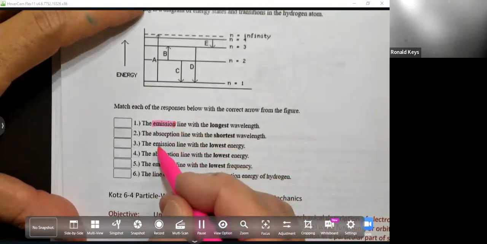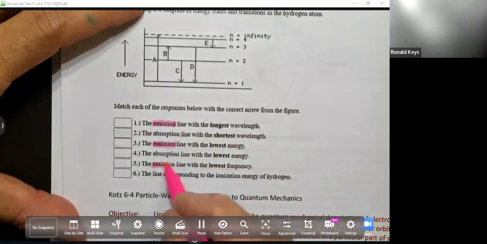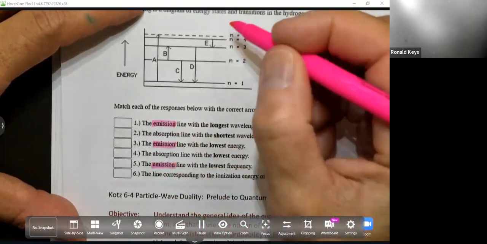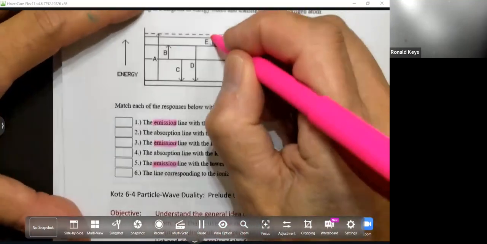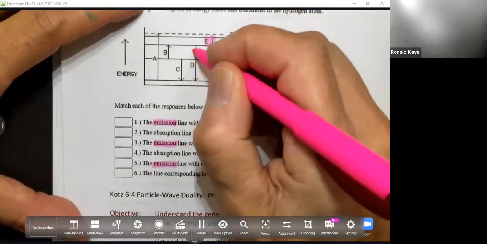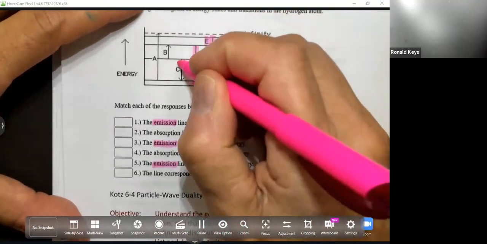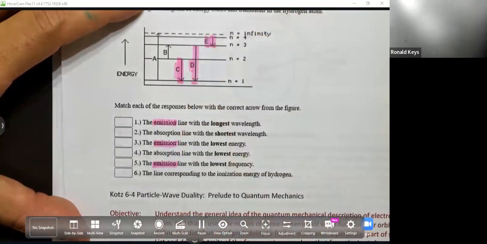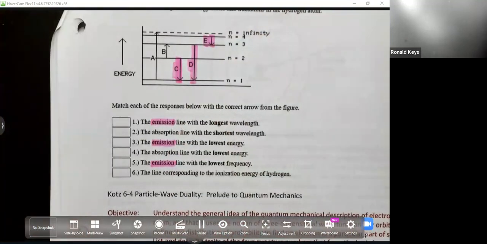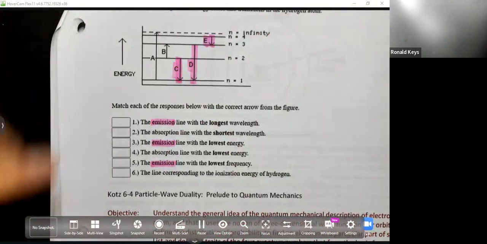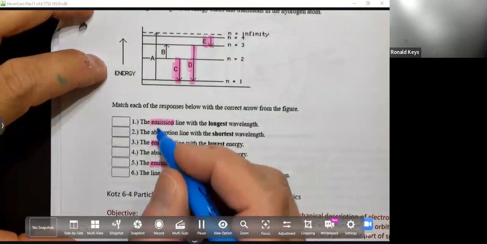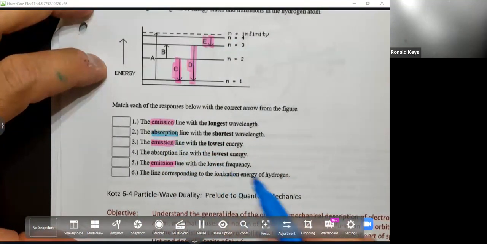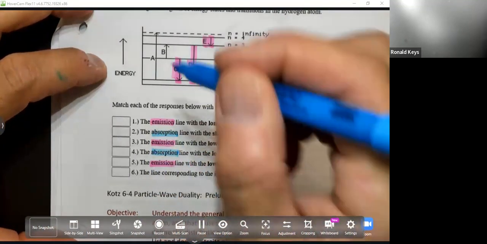So here's emission. Which are your emission lines? This one's coming back down. This one's coming back down. And this one's coming back down. Absorption is going up. So I'm going to switch colors. My absorption here, and absorption here, going up.